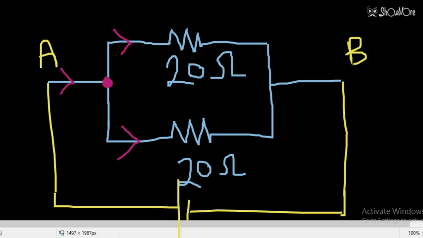But now current is being divided from this point, so these two resistances are in parallel combination. In parallel combination we add by taking the reciprocal.